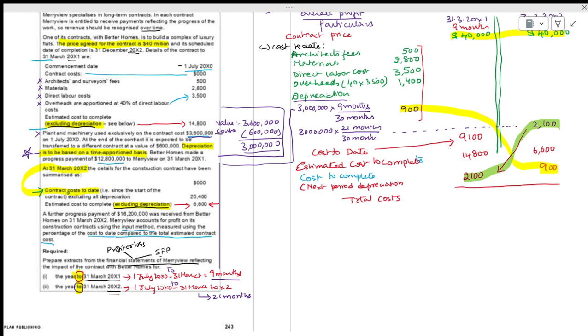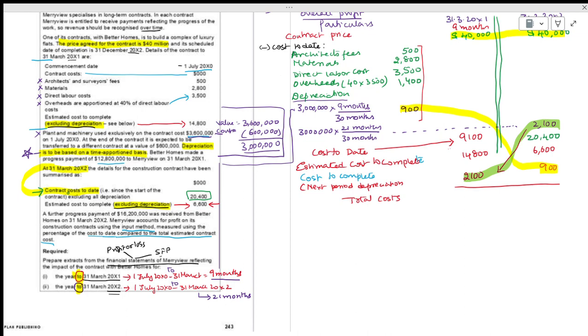What is the contract cost to date? 2,400. 9,100 is this. Any value which you find not traceable, ask me. I will give you the reference for that. I am taking the values from here. Any additional calculations, I will let you know. Now, cost to date is 9,100.